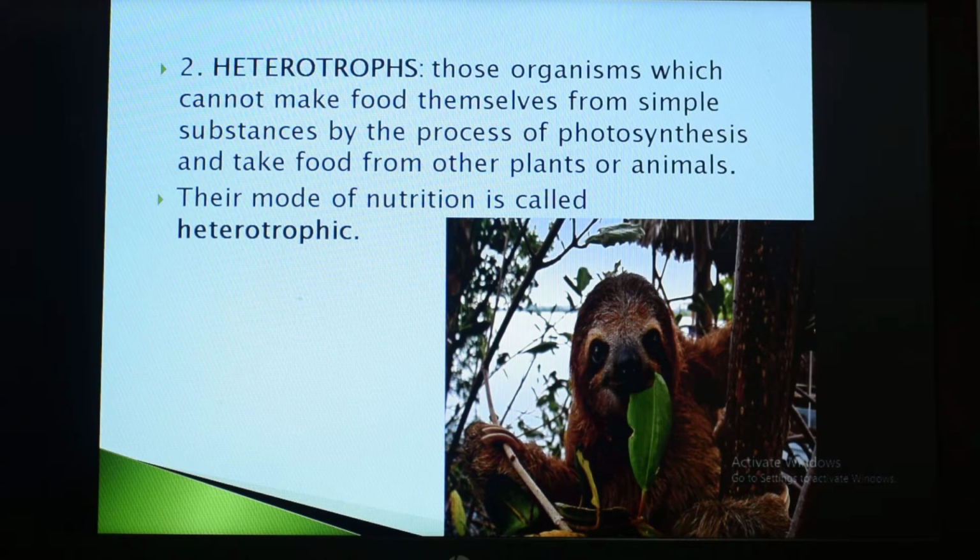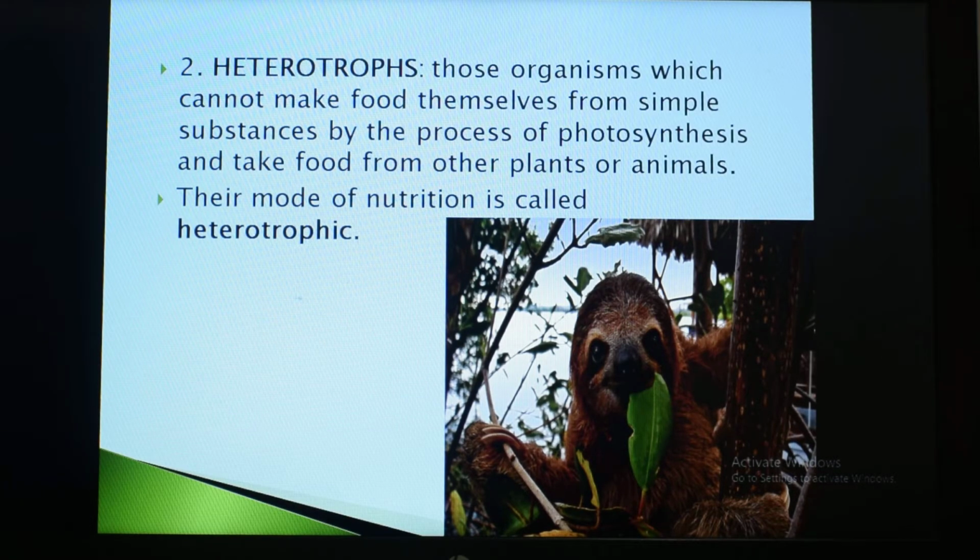All the non-green plants along with the animals fall under the category of heterotrophs. The non-green plants do not have chlorophyll for carrying out the process of food making called photosynthesis. So, they have to depend on other organisms, plants or animals, for obtaining their food.